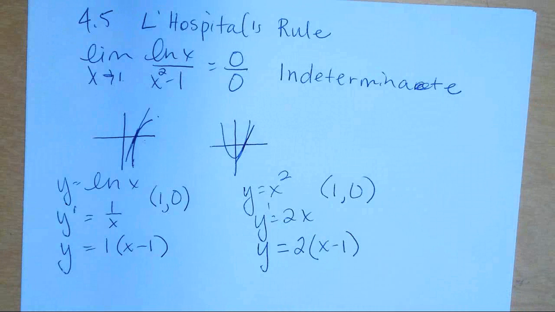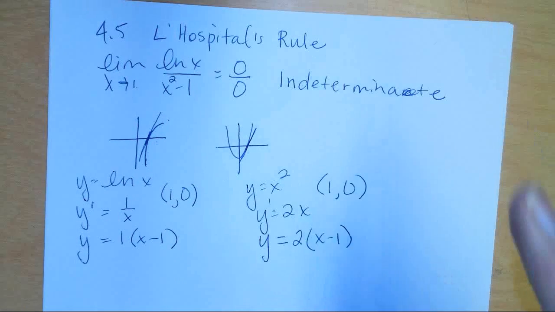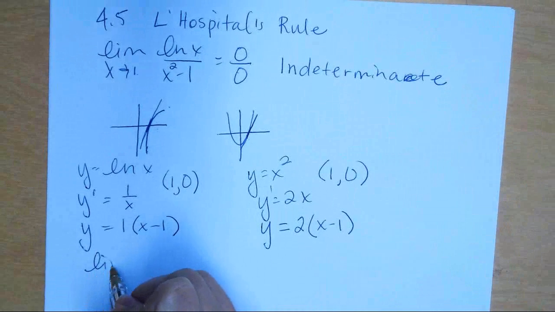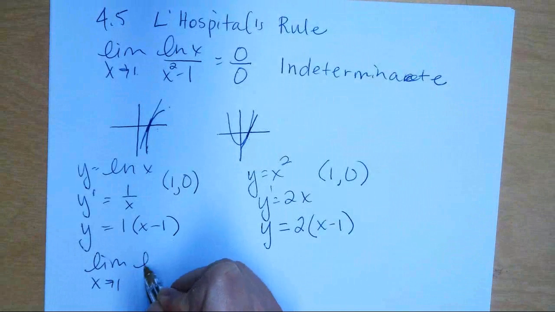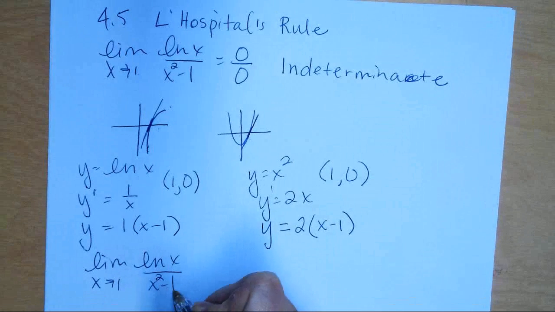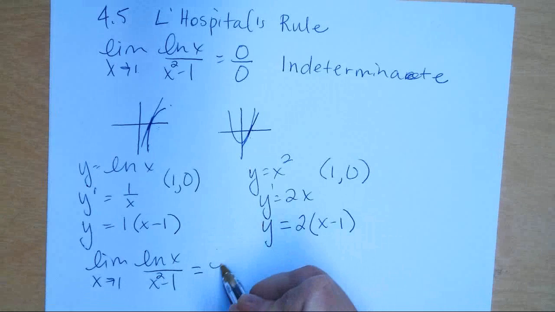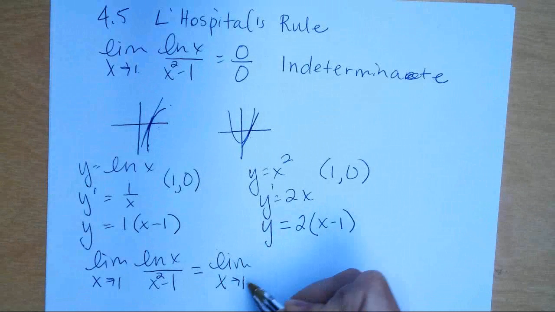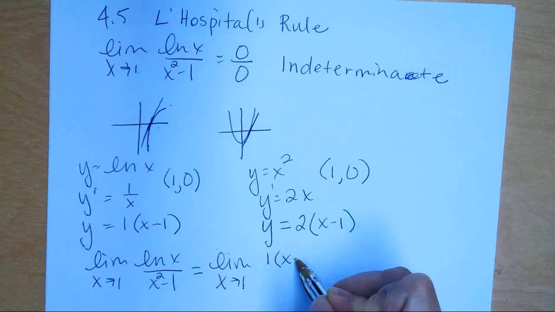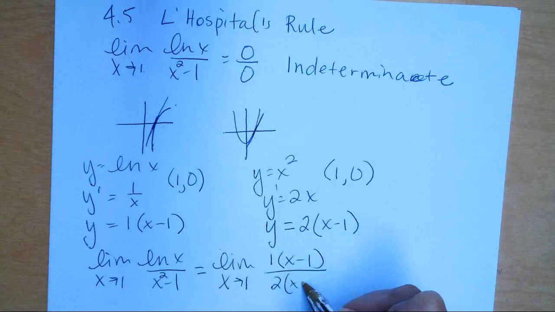So what I'm going to propose is that we look at this instead of the way it was, the limit as x approaches 1 of ln x over x squared minus 1. Instead we say this must also be equal to the limit as x approaches 1 of 1 times x minus 1 over 2 times x minus 1.